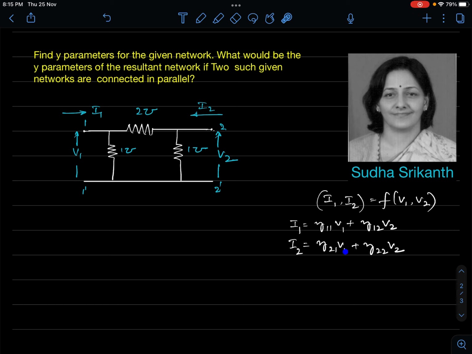On the contrary, if we short circuit the input port, thereby making V1 0, we will be able to determine y12 and y22. So y parameters are also called short circuit parameters, because in order to determine these parameters, you need to short circuit the ports.